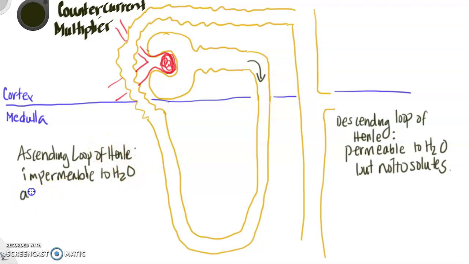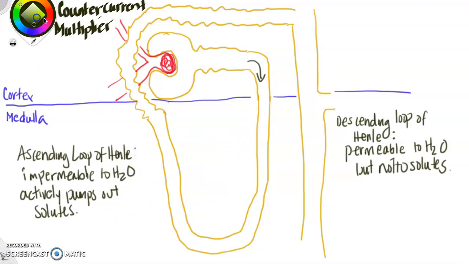and it actively pumps out solutes like sodium. Okay. Weird. So the descending tubule is permeable to water, but is not permeable to solutes.